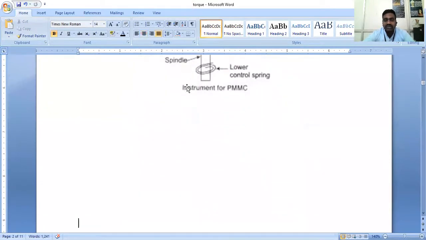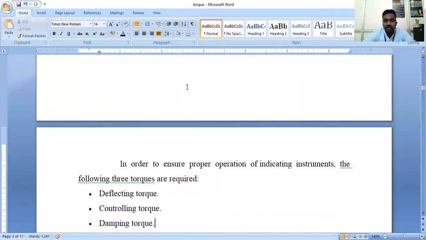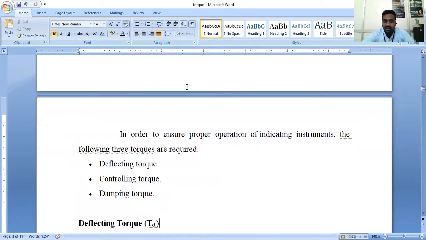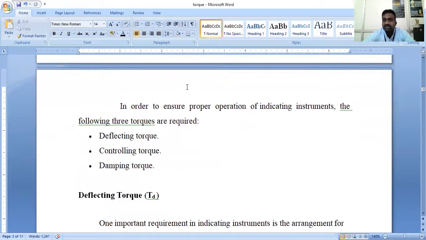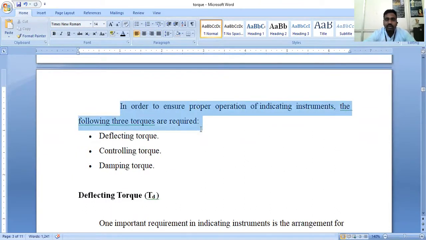Next we classify the torque. How can we classify the torque? Here we are classifying the torque for indicating type instruments. In the last class we defined indicating type instruments. An indicating type instrument has a scale.